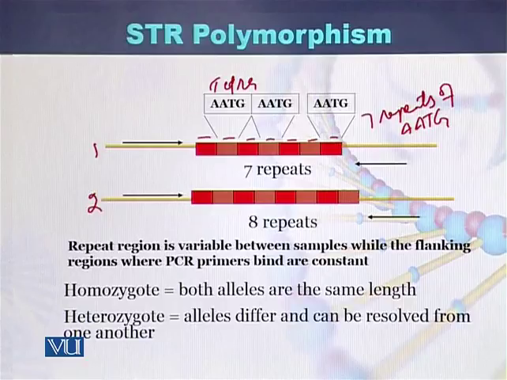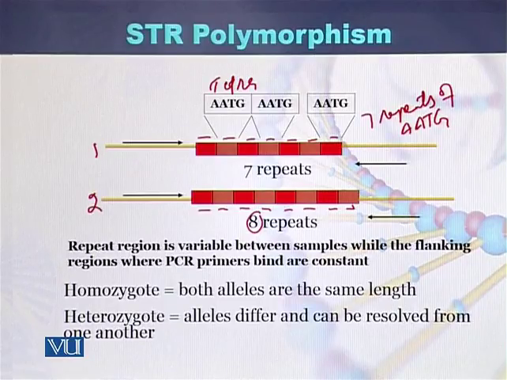In the case of individual 2, there are 8 repeats: 1, 2, 3, 4, 5, 6, 7 and 8. So these are heterozygous, because on 1 allele there are 7 repeats, while on the other allele there are 8 repeats.